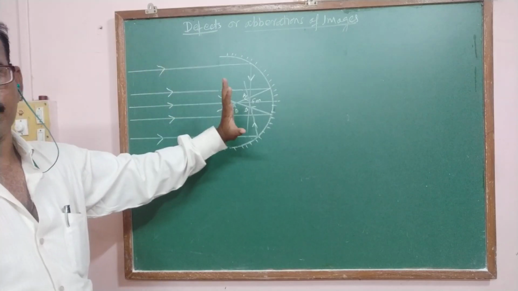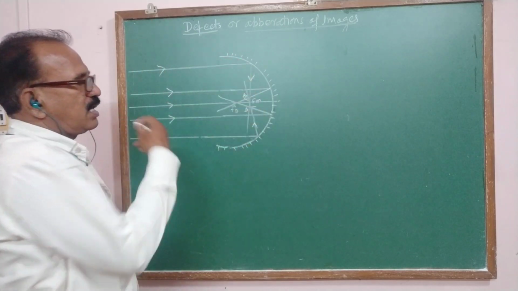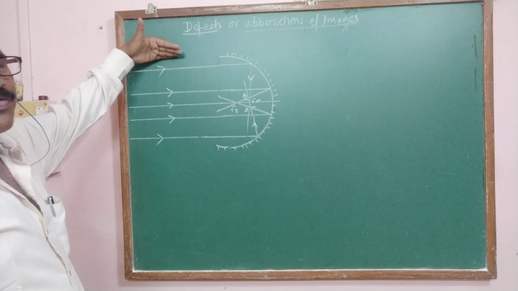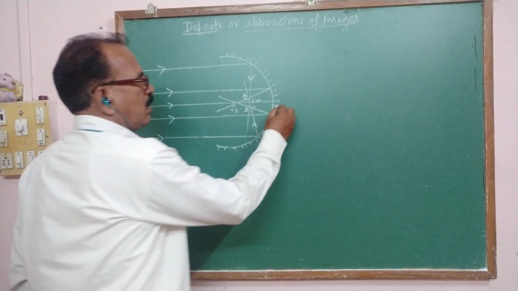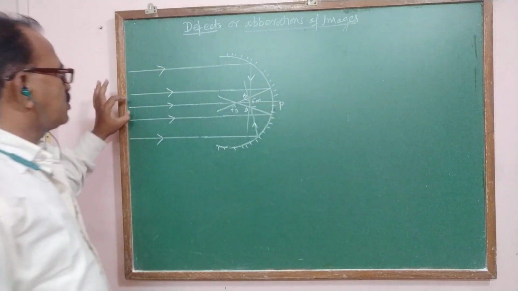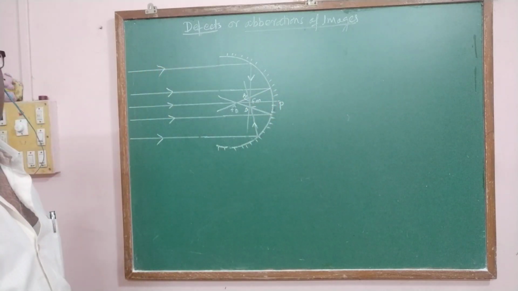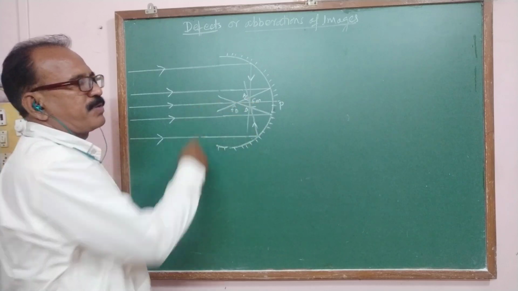Because of the curvature of the spherical mirror, the rays which are away from the principal axis will meet closer to the pole, and the rays which are close to the principal axis meet away from the pole.